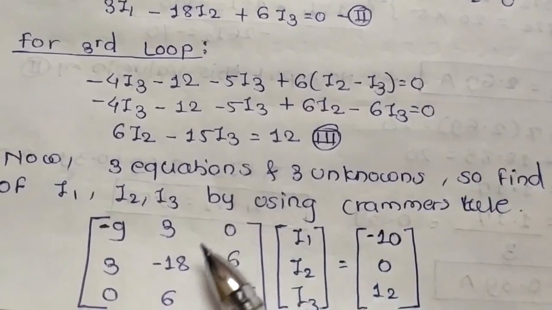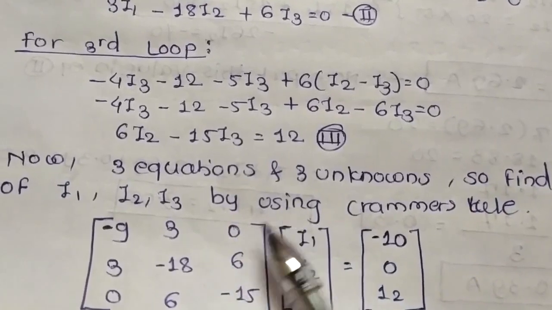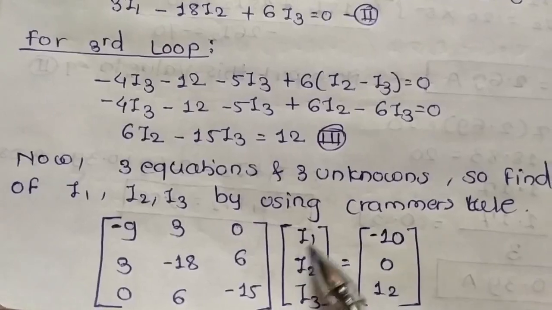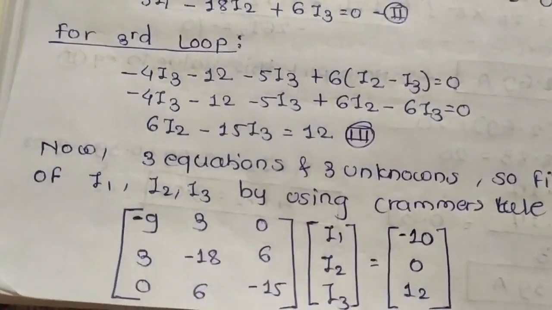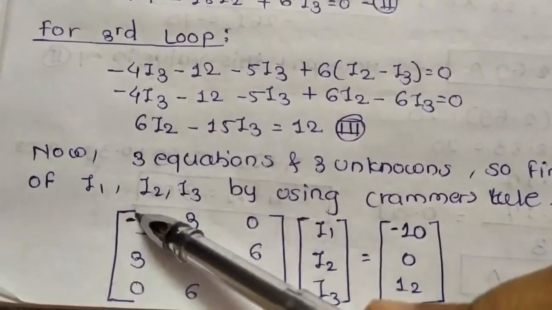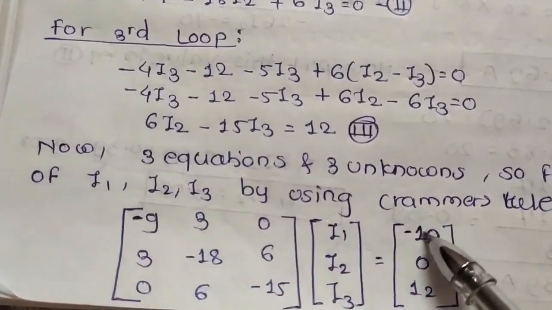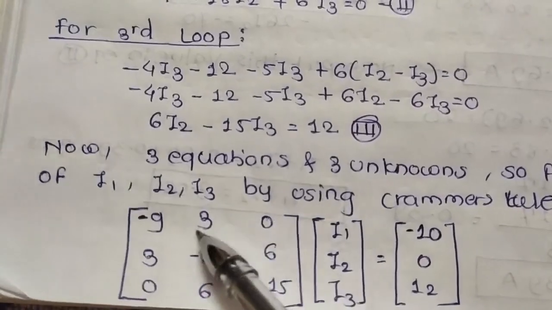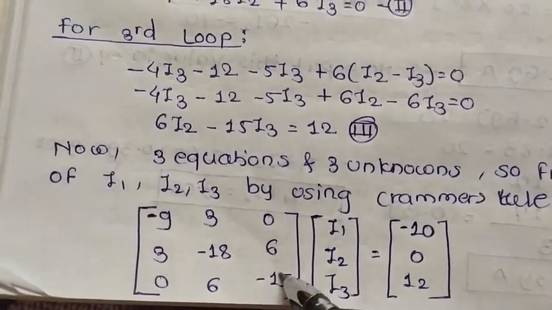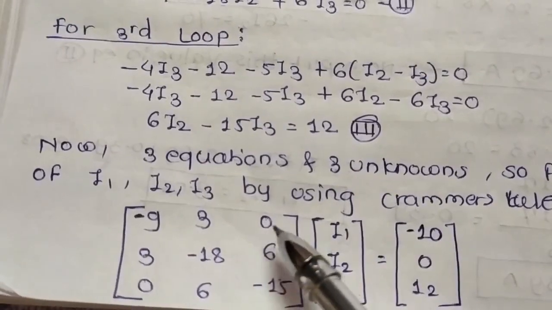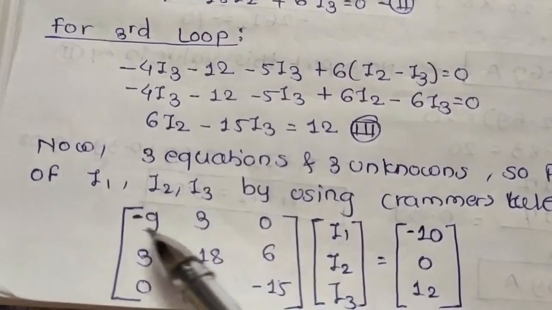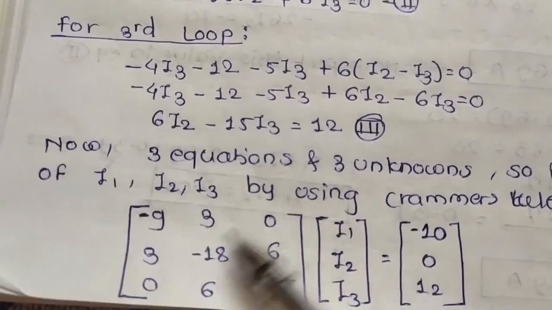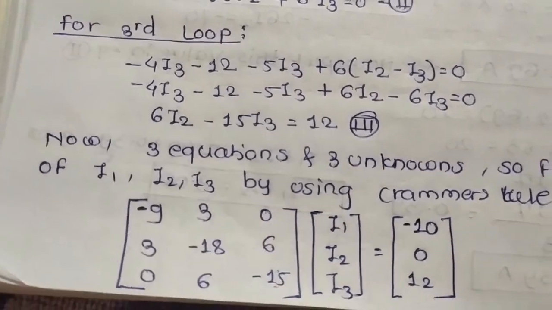Now we know Cramer's rule is delta 1 divided by delta for I1, the first unknown. The first column of this matrix is this, minus 10, 0, 12, and these two columns remain the same. This is delta 1, and take its determinant, and delta is the determinant of the parent matrix.